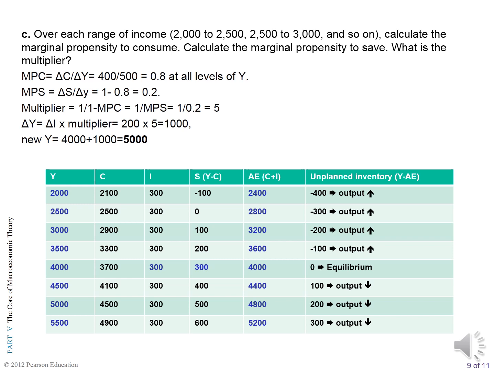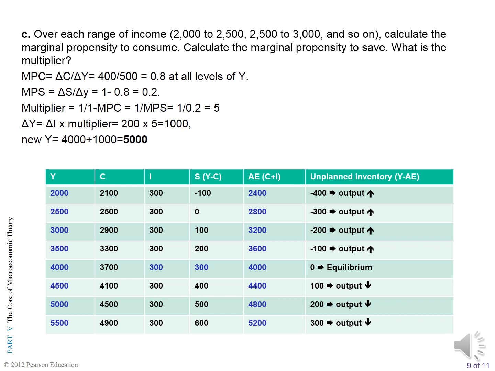Okay, if we have increase of investment equal 200, so 200 times 5 يبقى the equilibrium income will increase by 1000. معايا delta Y, the increase of income equals the initial increase of investment times the value of multiplier. 200 times 5 يبقى 1000.